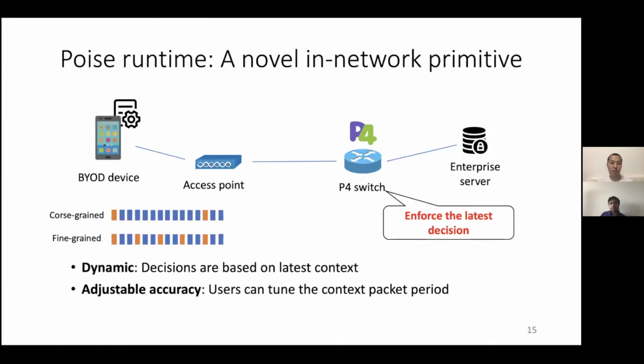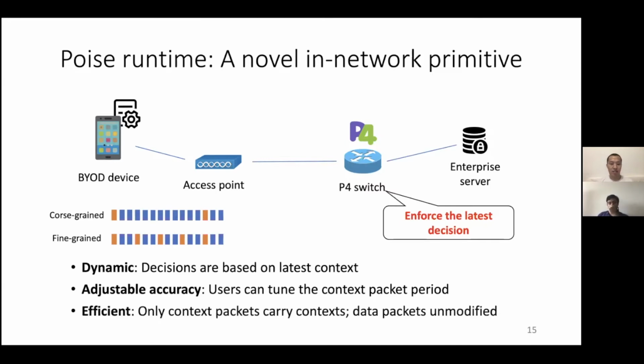But again, the key point is that we can tune this accuracy versus overhead trade-off. Another property is efficiency, because we only send the context packet periodically, we don't have to tag every single packet, so the overall traffic overhead is small.